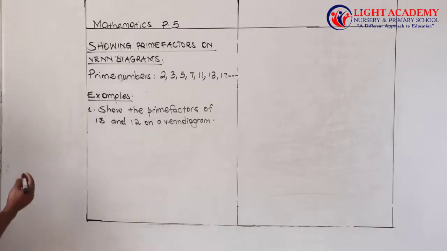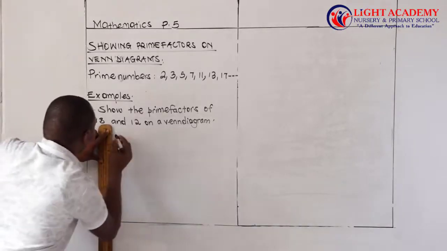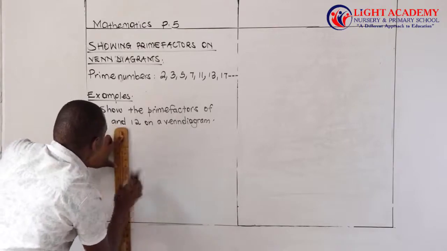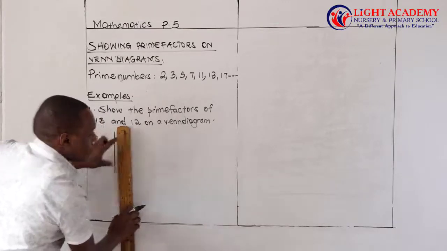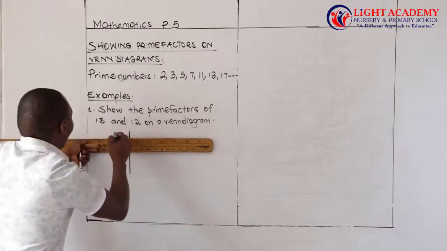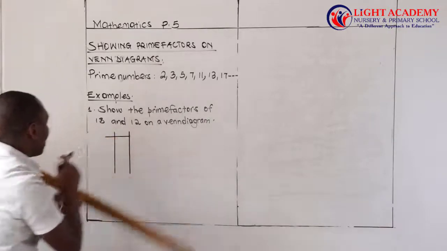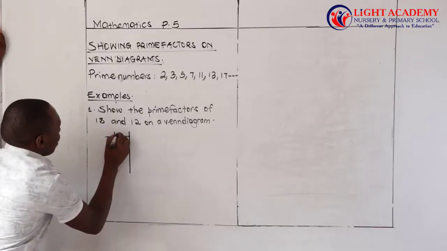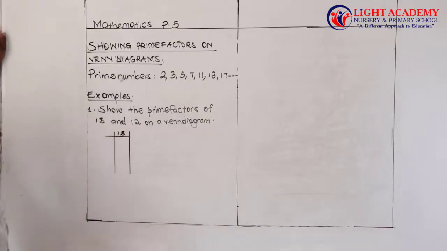I'm going to use the ladder method. To prime factorize my 18, I'm just going to draw up my column. Then I set a provision for where I'm going to put the numbers to use in dividing 18. So in the first place, I'm writing the number 18, right?